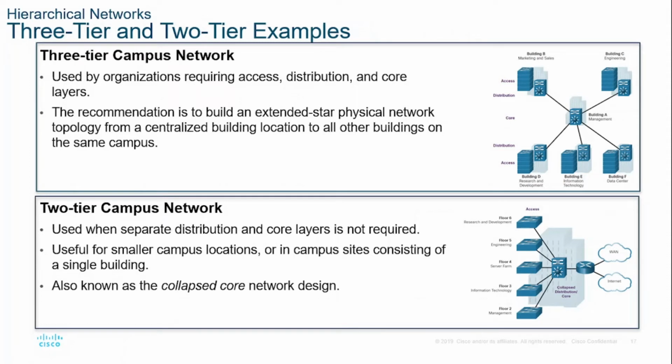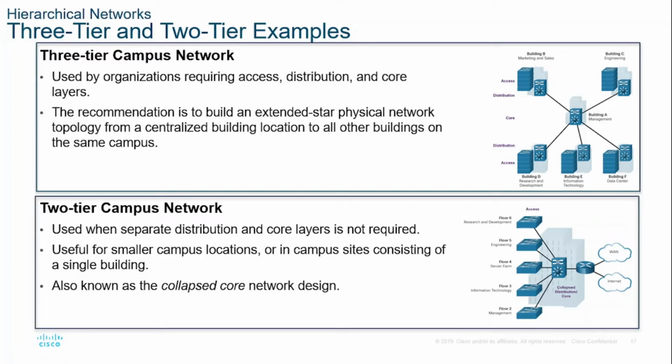So in this figure, you can see an example of a three-tier campus network and a two-tier campus network. The three-tier campus network is used by organizations requiring access, distribution, and core layers. The recommendation is to build an extended star physical network topology from a centralized building location to all other buildings on the same campus.